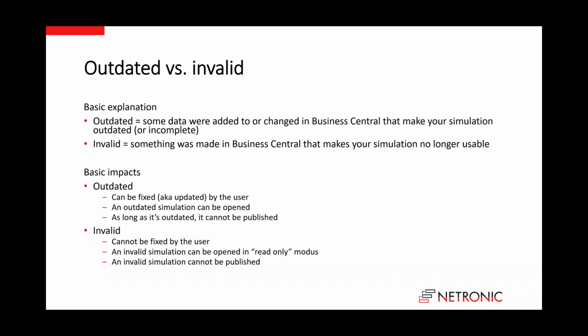And then invalid means that something was made in Business Central that makes your simulation no longer usable. And there are some basic impacts. So if it is outdated, you as a user can fix it.